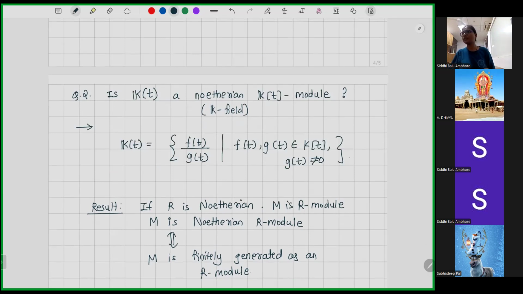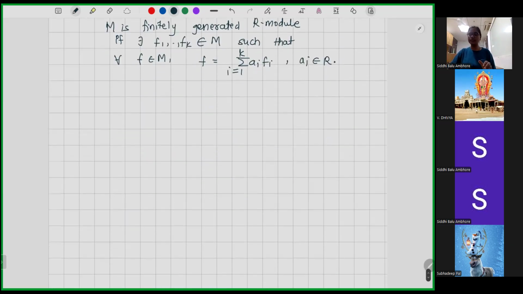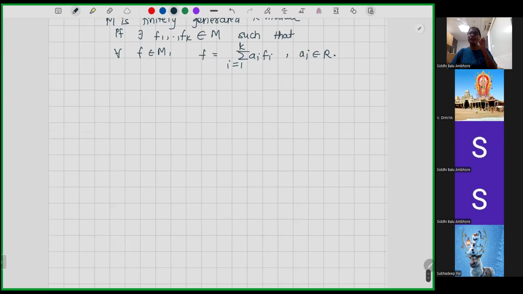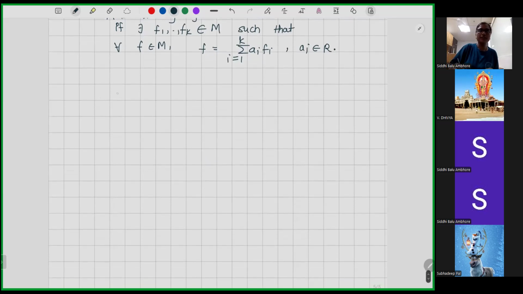Exactly. What Shubhadeep said is correct. There are infinitely many primes. In fact, in the very first problem solving session, we already proved that this K(t) is not finitely generated as a K[t] module, as a K[t] algebra.